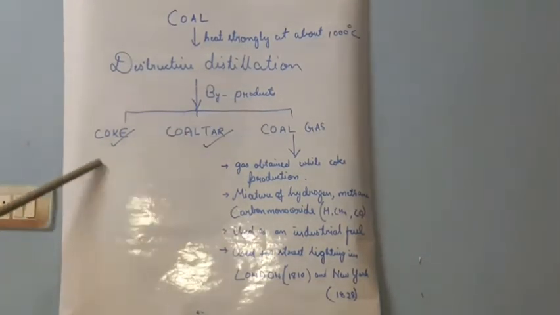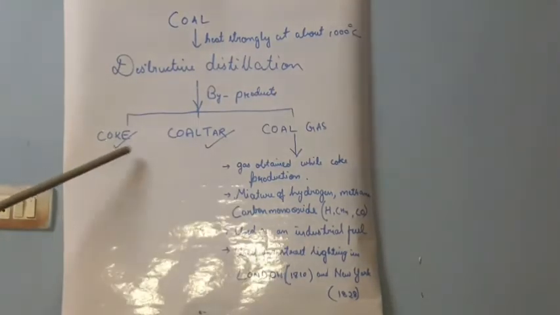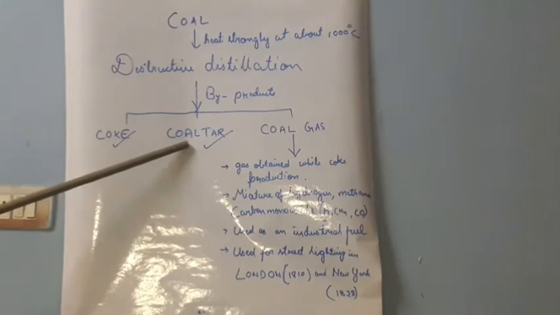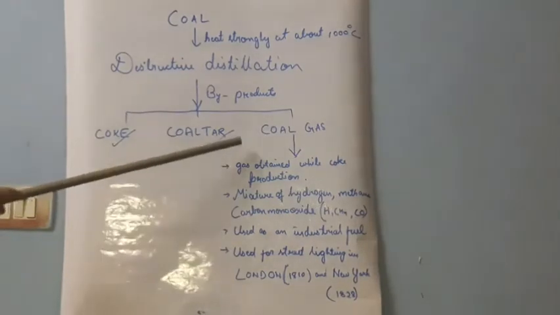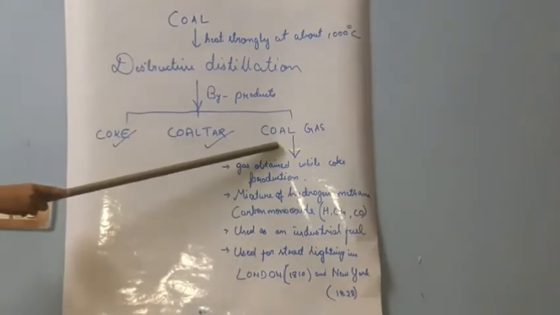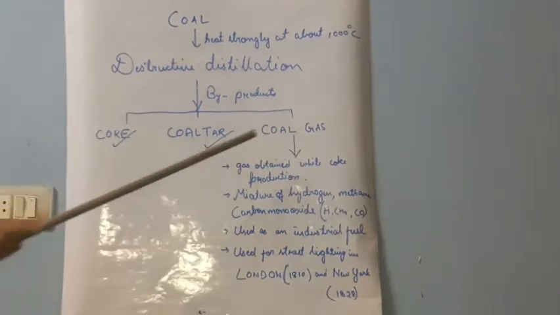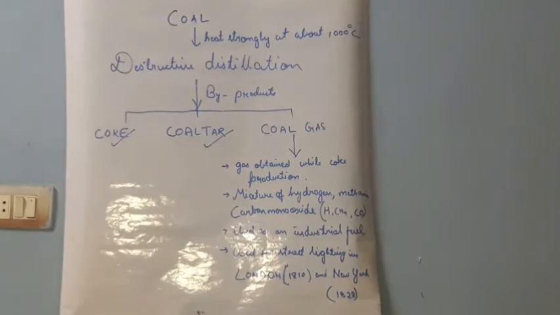So we have gone through. First one was coke, that is a solid one. Then there was coal tar, which was semi-liquid, black thick liquid. Then last, that is coal gas. This is the third byproduct which we know. So we will study about coal gas today.